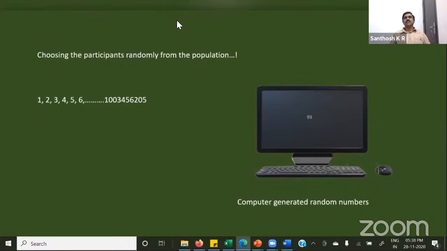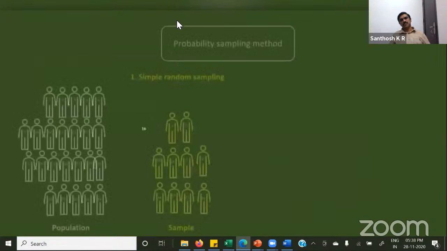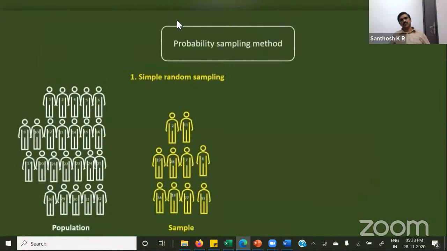For instance, the first member ID 93, the second member ID 2006, next member ID 30,657, fourth member is the individual with ID 165,7000, fifth is 16, and so on. We will do simple random sampling using any of these methods.